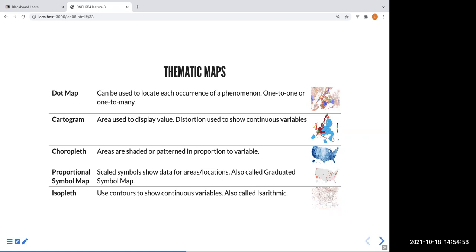And you size the symbol based on the value of the data. So this is the same thing as you've done with charts, but here the support is not a Cartesian coordinate system, it's the map itself, right?